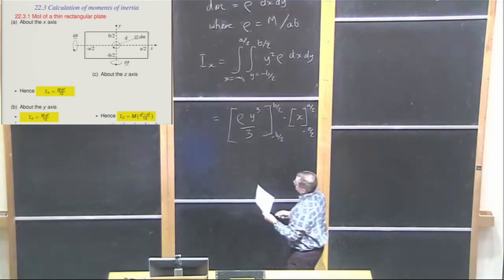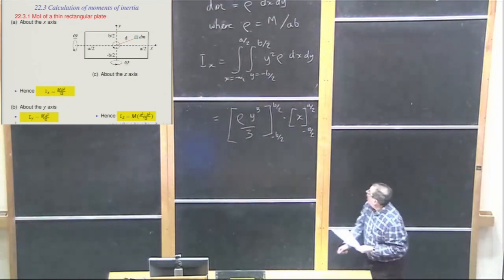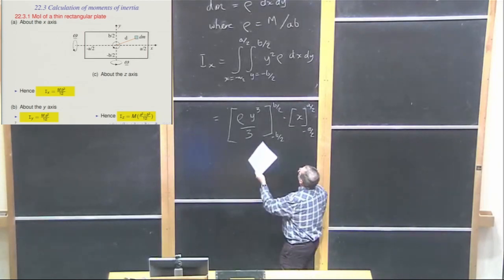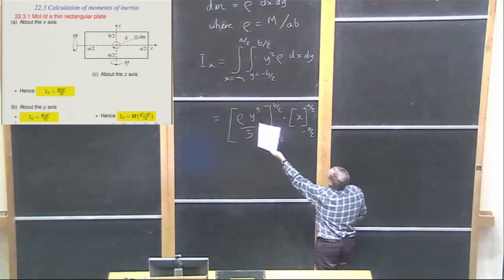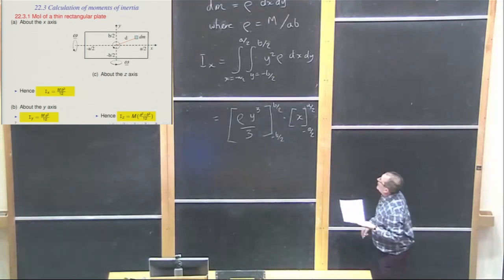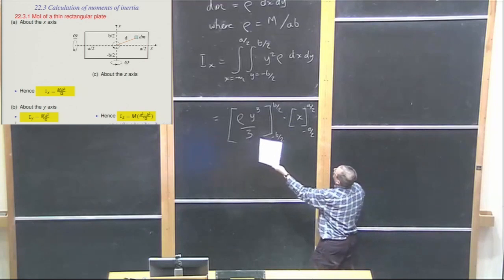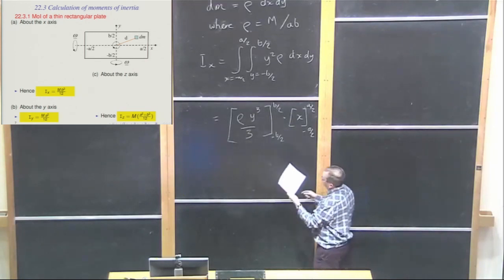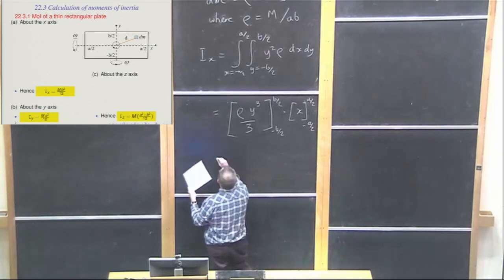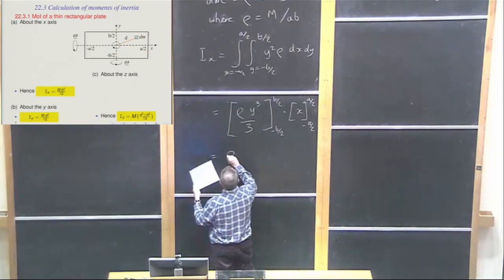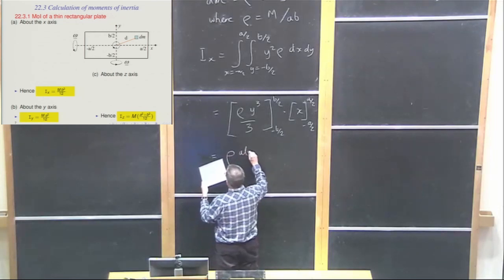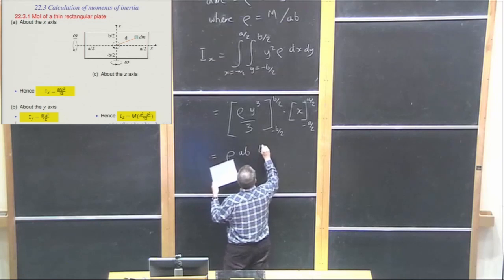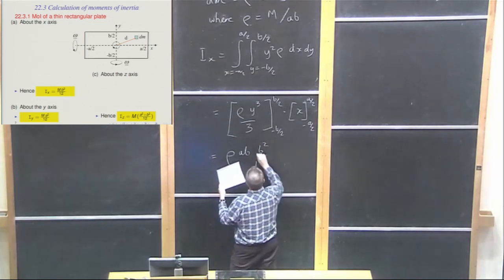Okay, so if you put this in, you will get, in here b over 2 cubed, that gives you b cubed over 8, but you have a 3 on the bottom, but you then minus the same thing, so you end up with rho ab, well, b squared over 12.